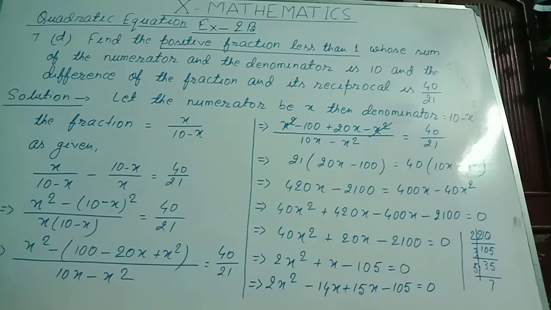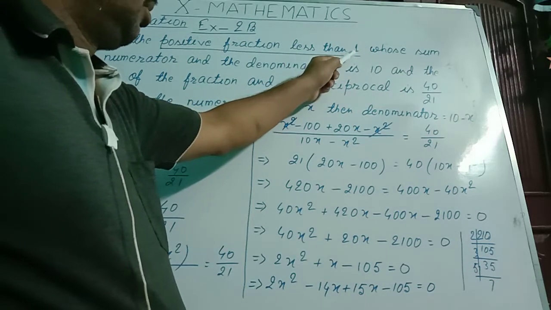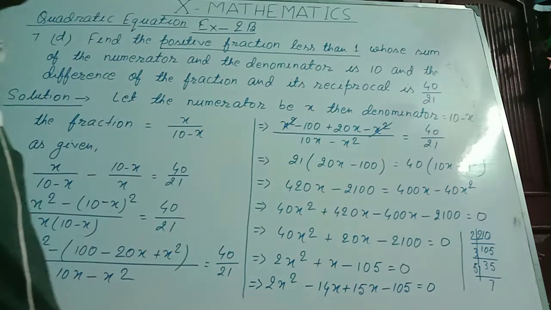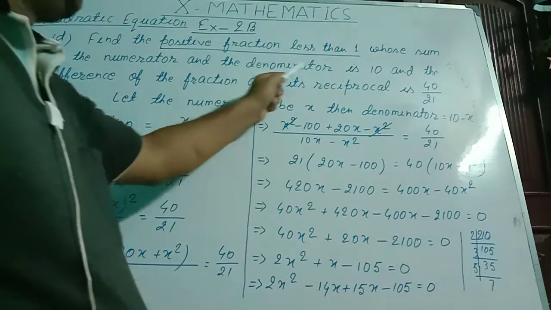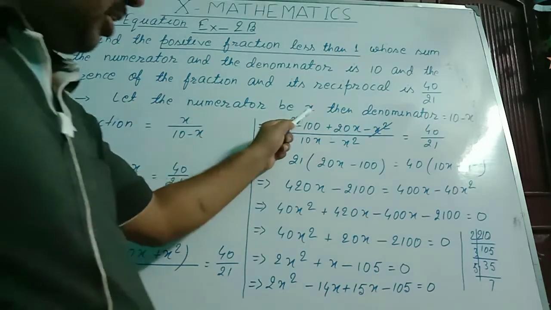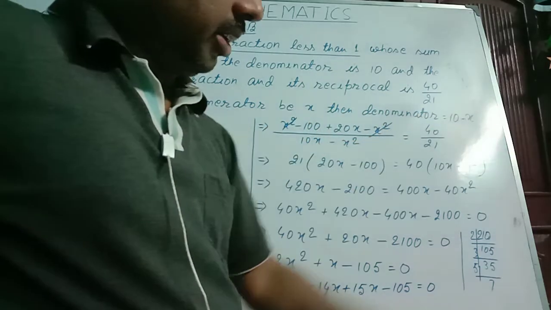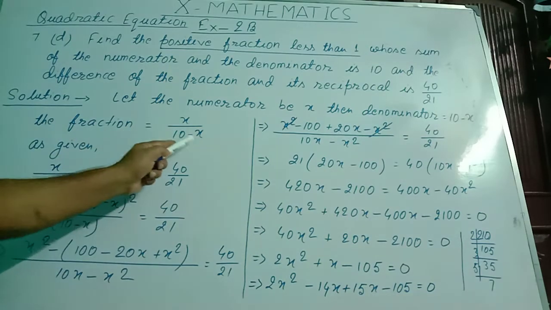Here, the positive fraction we have to find out is less than 1, while the sum of numerator and denominator is 10. If the numerator is x, then the denominator will be 10 minus x, and the fraction becomes x by 10 minus x.